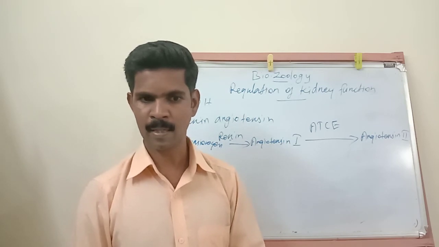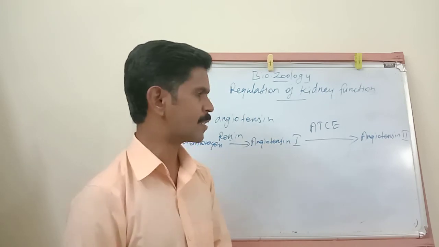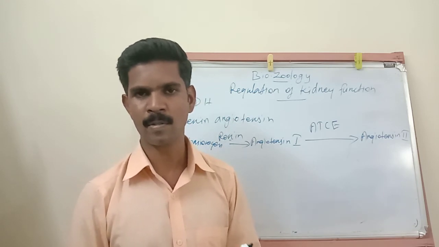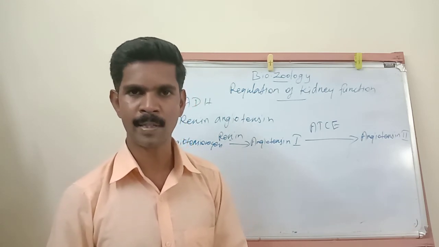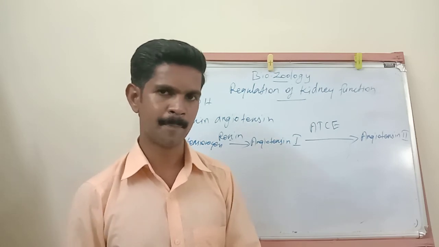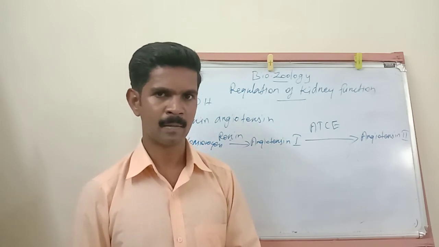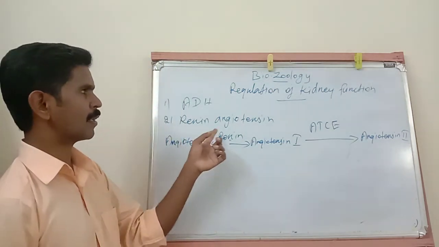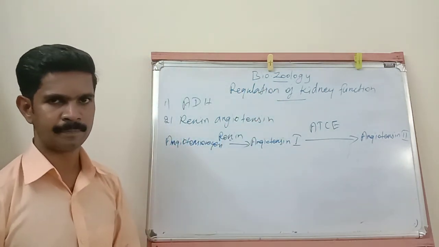So this complex mechanism is called the renin-angiotensin aldosterone system. Understand, my dear students? Now we have completed the second factor controlling the kidney's function.